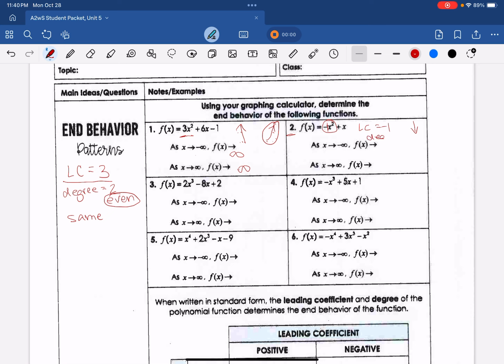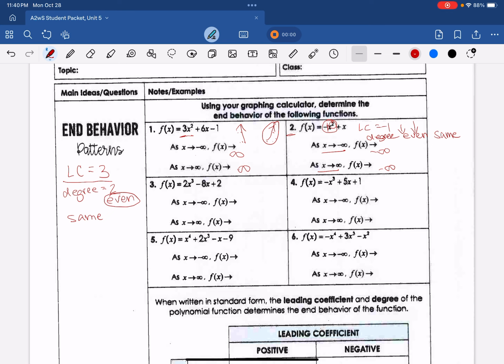If our degree is a 2, it's even. So that means that our sides are doing the same thing. So that means both sides are headed down. So negative infinity and negative infinity. As x approaches negative infinity, the left side is headed down. As x approaches positive infinity, the right side is headed down.